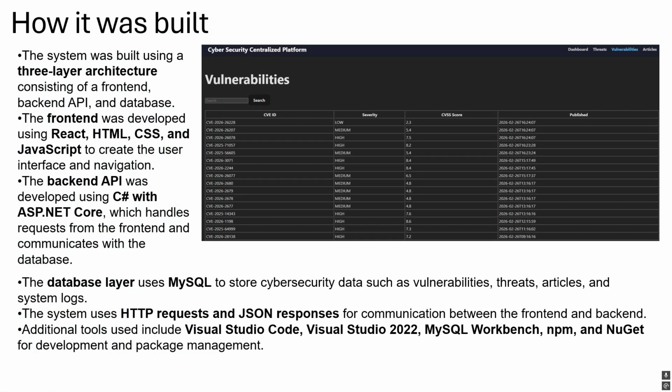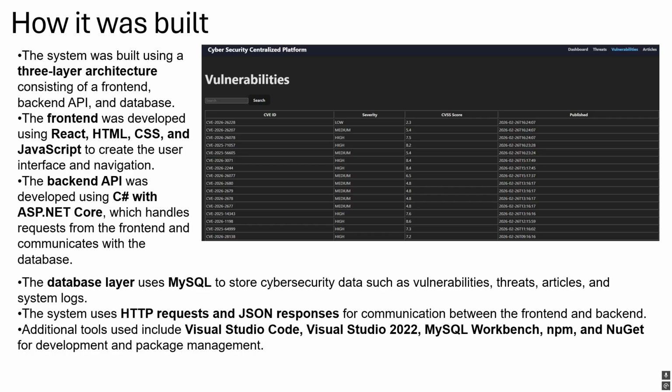The system was built using a 3-layer architecture: a front end, a back end, and an API. The front end was developed using React, CSS, and JavaScript, and those technologies handle the forward-facing operations with regard to the user.